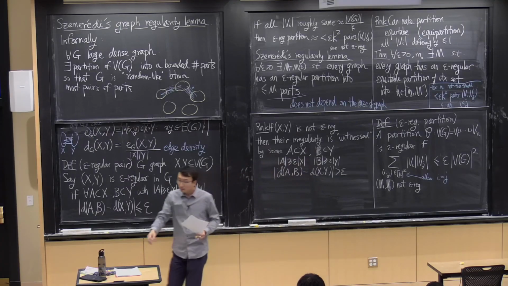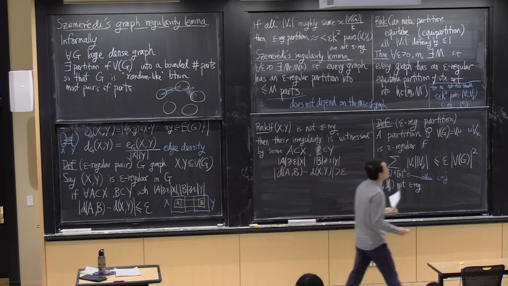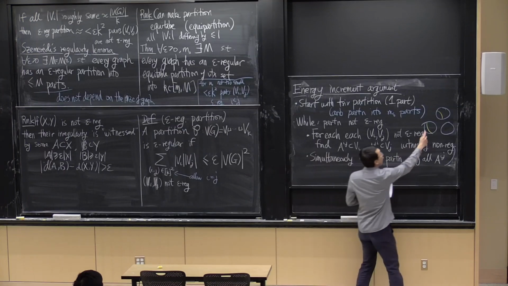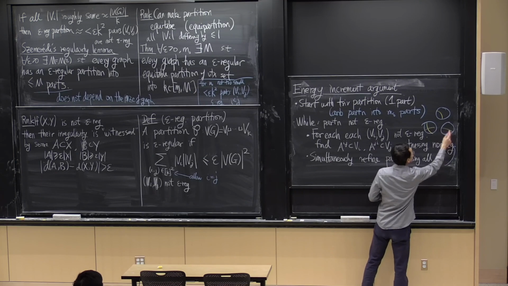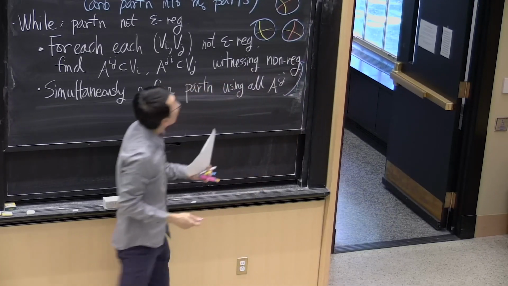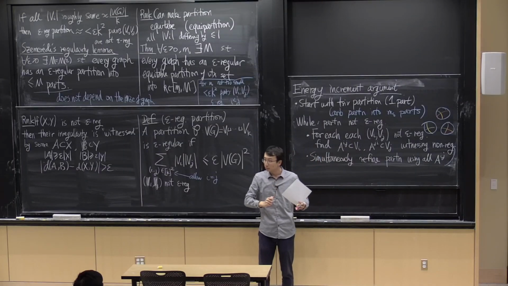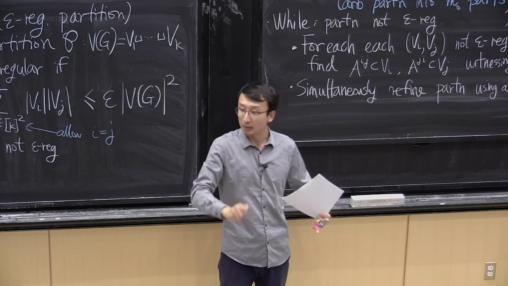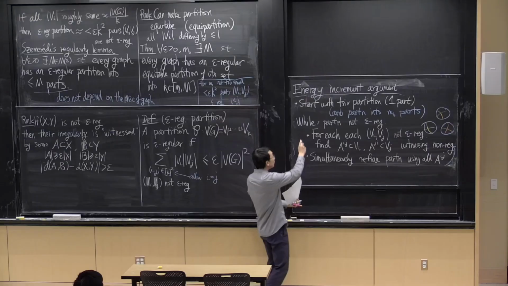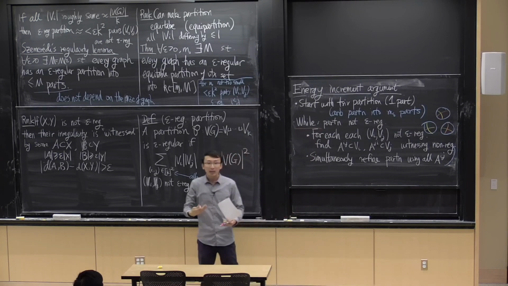And I can keep further chopping up the rest of the parts. If these two parts are not epsilon regular, then I chop it up like that, and I can keep on doing it. Originally I have 3 parts, now I have 12 parts. And this is a refined partition. And now I repeat until I am done. I am done when I obtain a partition that is epsilon regular.